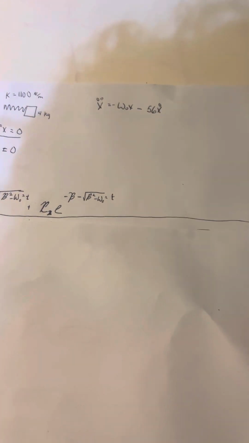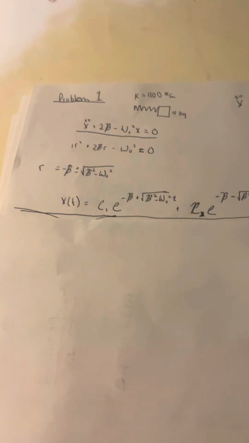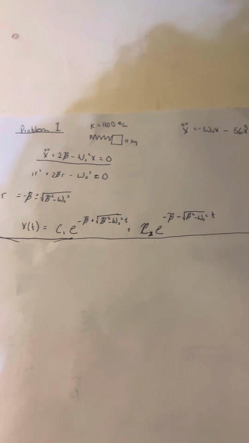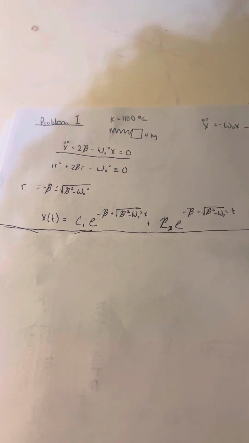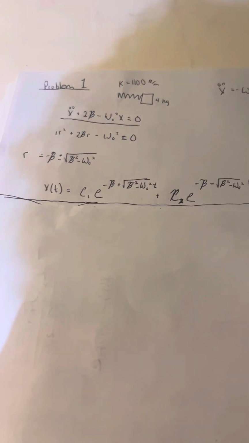X double dot is equal to negative omega squared x minus 56 x dot, where omega is just the square root of k over m, which comes out to be 17.7, something around there. Then I moved everything to one side of the equation, substituted 56 for 2 beta, and turned omega into omega squared.